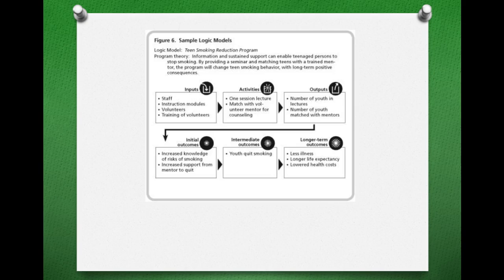So these are what we plan to do in the program. What we expect are the outcomes. So we expect increased knowledge, and then the intermediate outcome, we are hoping that the youth quit smoking, and a long-term outcome that ultimately there's less illness, longer life expectancy, lowered health costs.